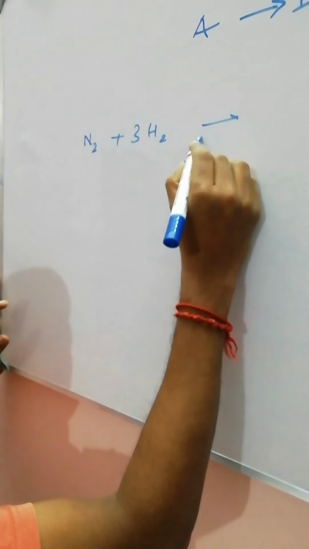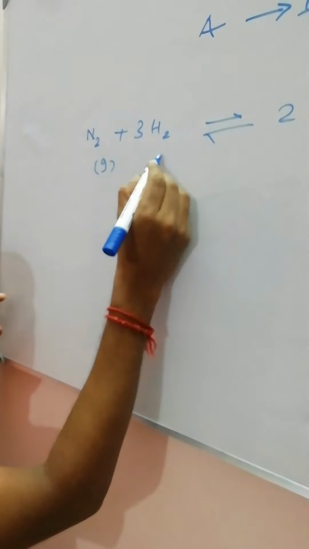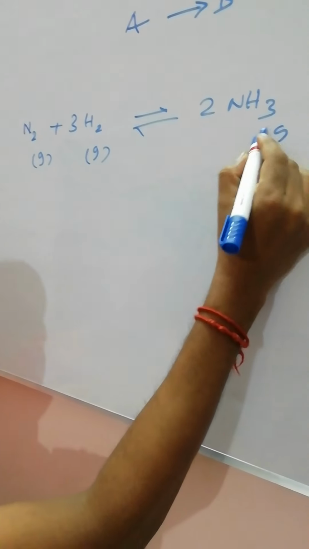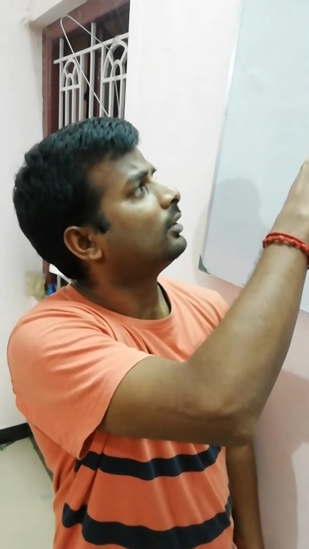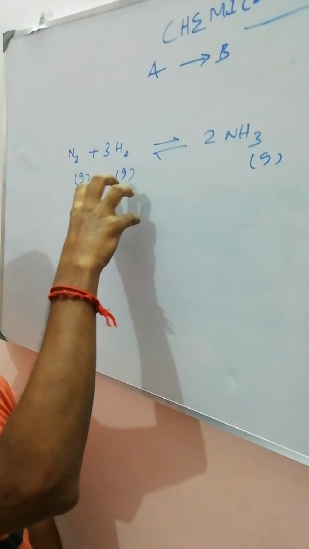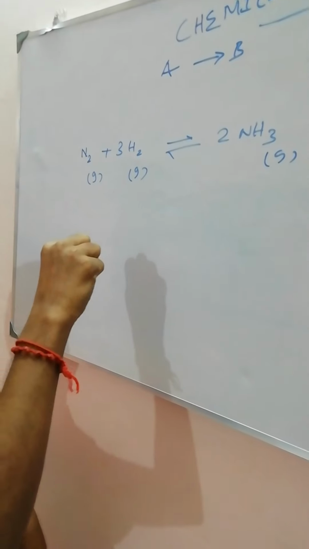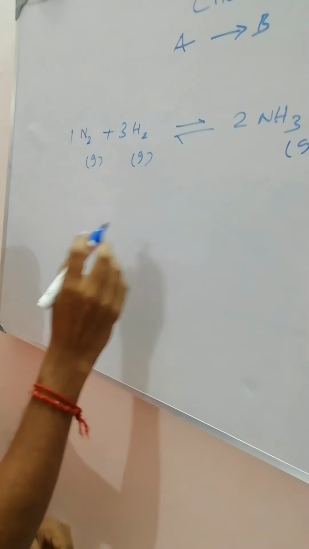N2 plus 3H2 gives 2NH3. In this reaction, 3 moles of hydrogen replace 1 mole of nitrogen in the rate equation.